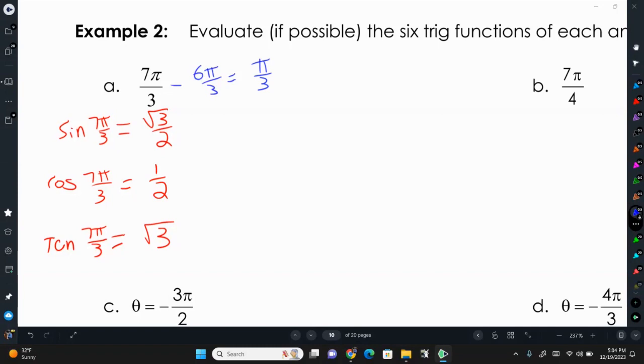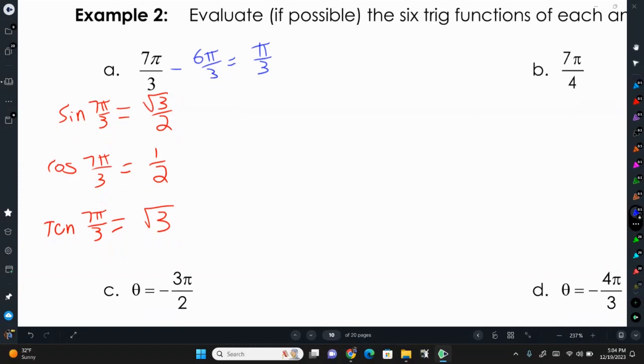So we have our sine, cosine, and tangent of 7 pi over 3. Now to figure out the cosecant, secant, and cotangent, we can do a couple of things.